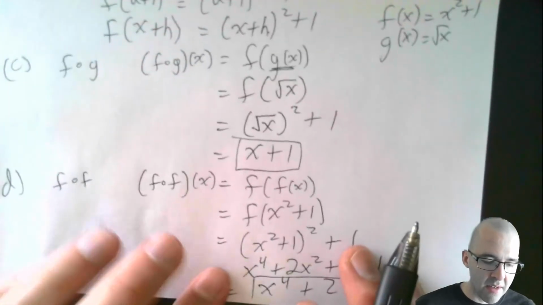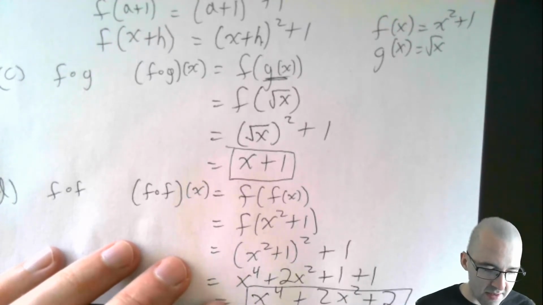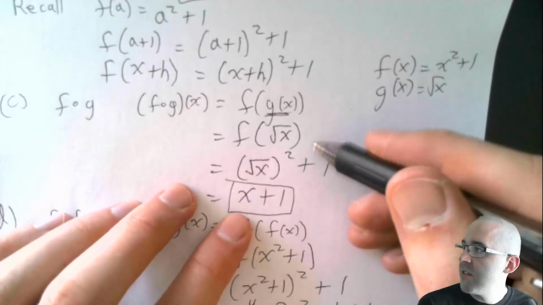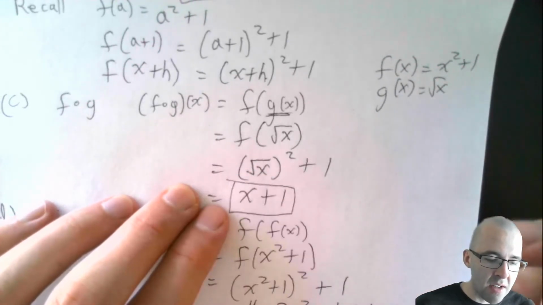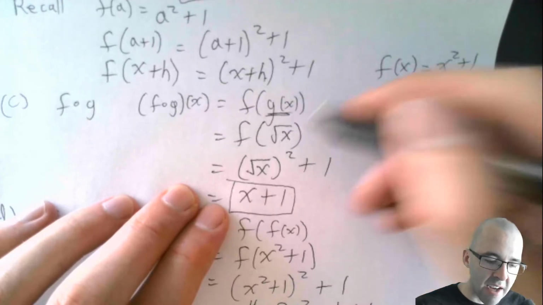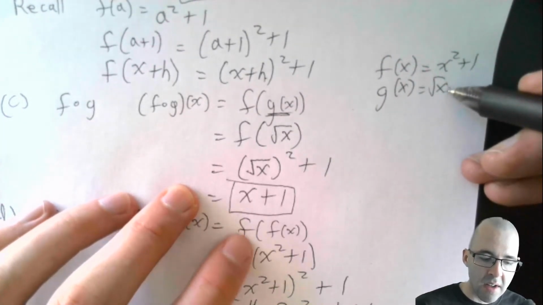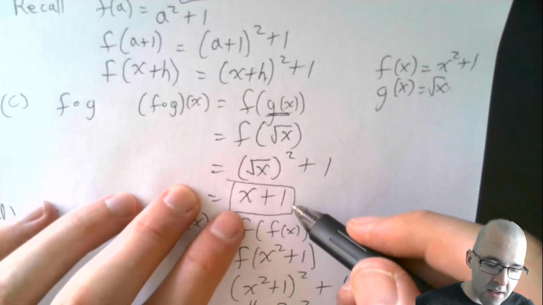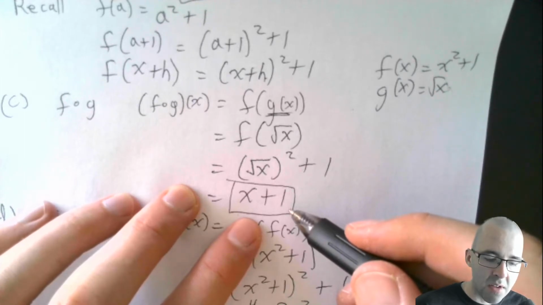But let's kind of look at this. So for the previous one, f of g, the domain of this resulting function is going to be the domain of the inside function. So the domain of this was 0 to infinity, intersected with the domain of what it looks like at the end, which is all real numbers.